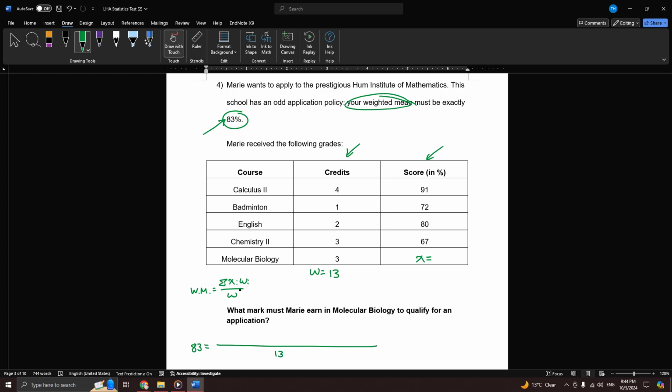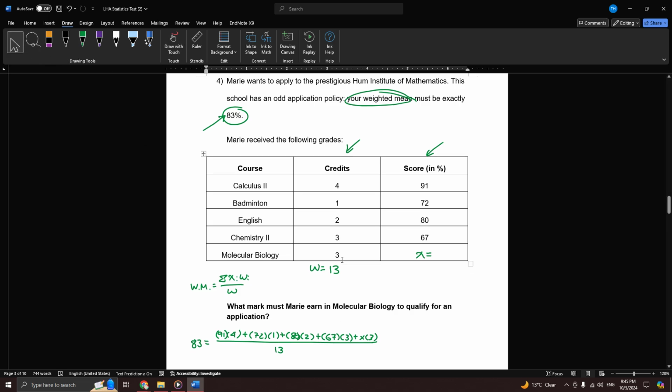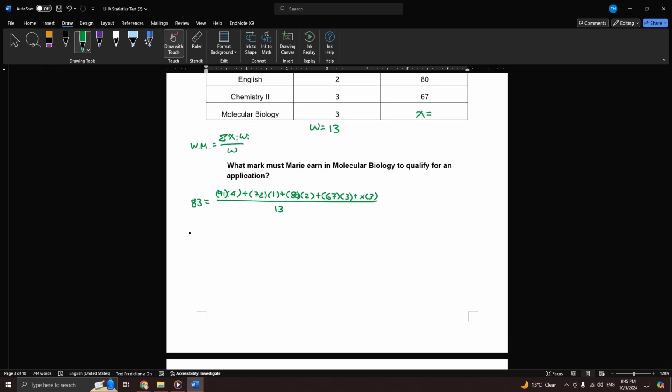So now let's start by multiplying all of our scores and credits together. We've got 91 times 4 plus 72 times 1 plus 80 times 2 plus 67 times 3 plus x times 3. Okay? So here we've got 83 is equal to, what is this?